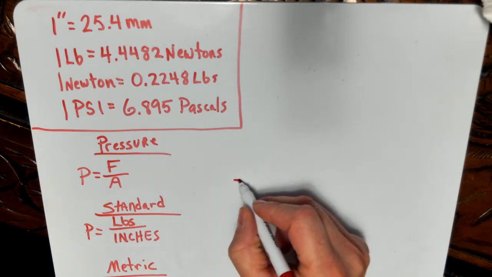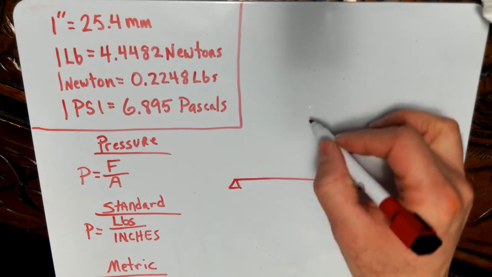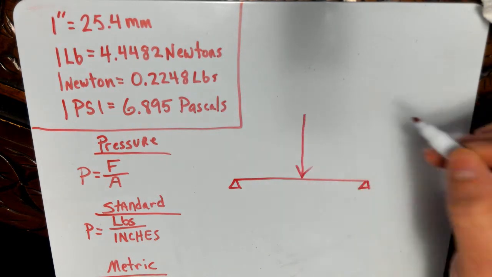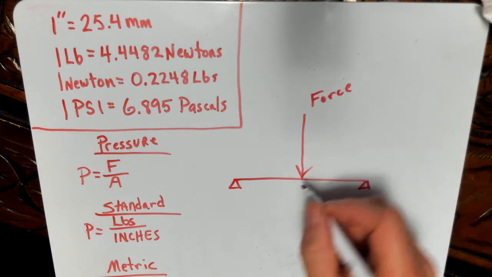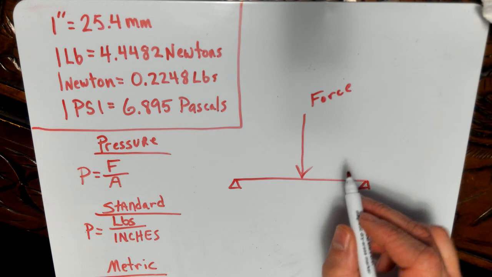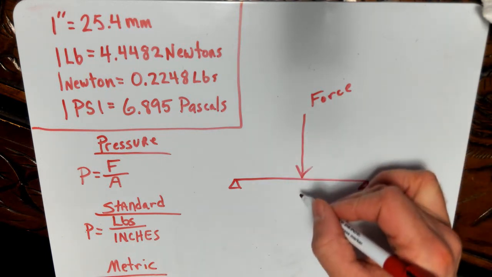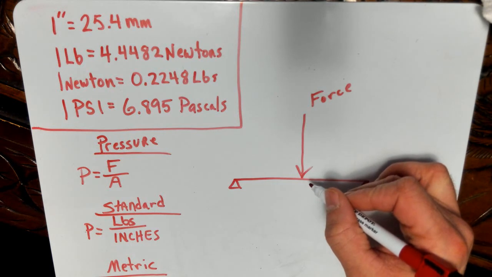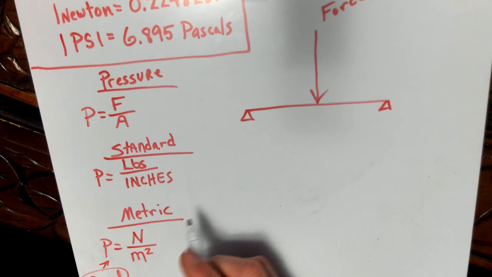But before we get too far along, bring that little example back up, and we say we got force coming down on this little bridge, okay? Now, in standard, this force is going to be in pounds, okay? So if it's in the standard, it's going to be in pounds, as you see over here.